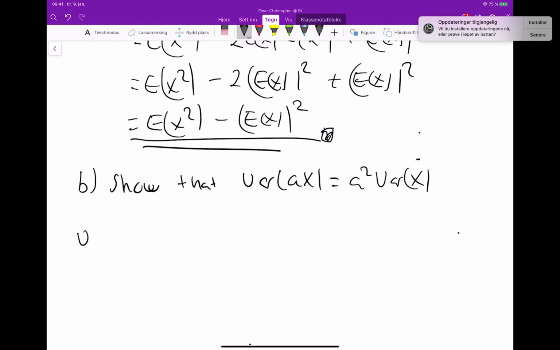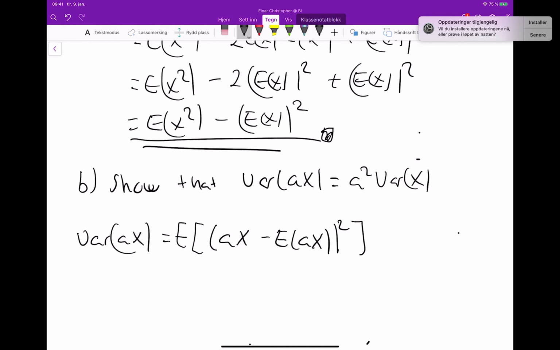Okay, then we have to start with the formula, the variance of ax, and I use the formula which says that this variance is the expectation of the x, but the x is now ax, minus the expectation of x, which now is ax, to the power of 2.